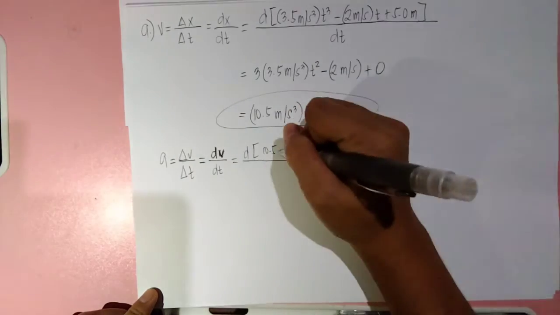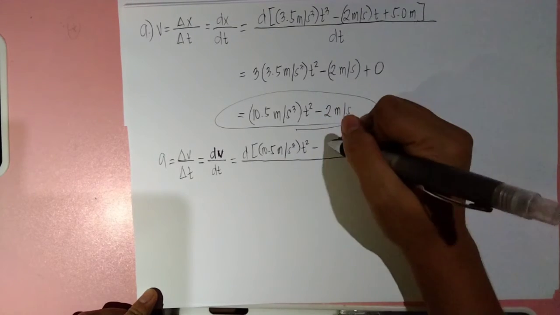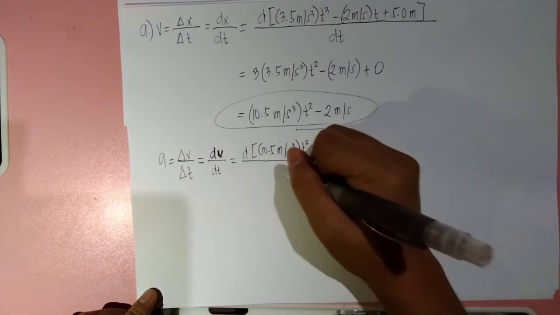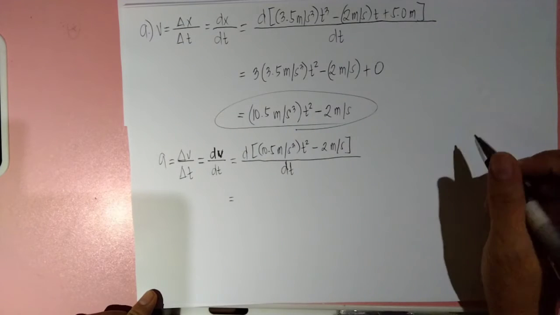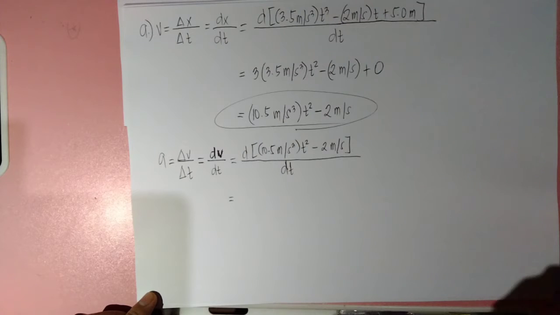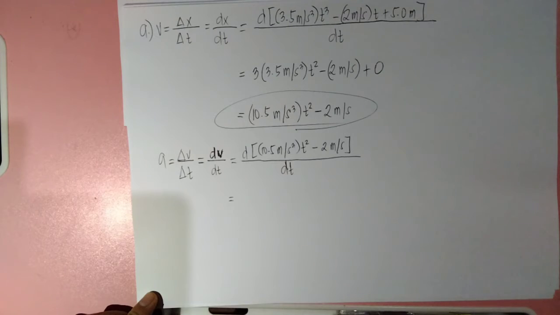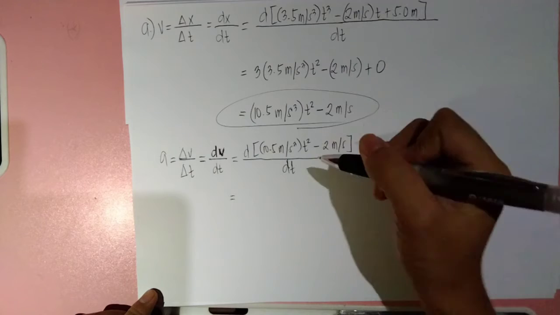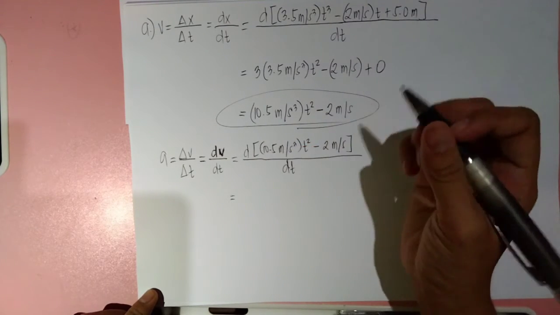So we have 10.5 meters per second cubed t squared minus 2 meters per second over dt. Okay, so again we are going to apply the power rule, because we have here an exponent for t. So 2 times the coefficient, which is 10.5.